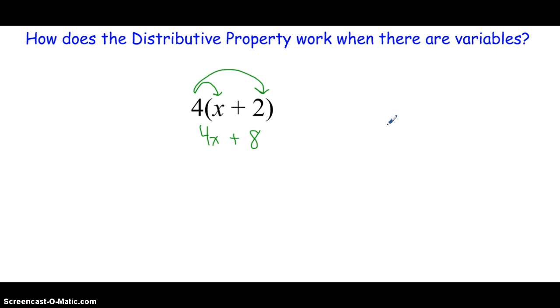You can simplify it to make it smaller, but you can't solve it to get an answer. This problem has been simplified. I cannot combine any of these terms because I have a 4x and I have a constant of 8, which means I can't put these two numbers together. So this is the simplified version of this particular example problem.